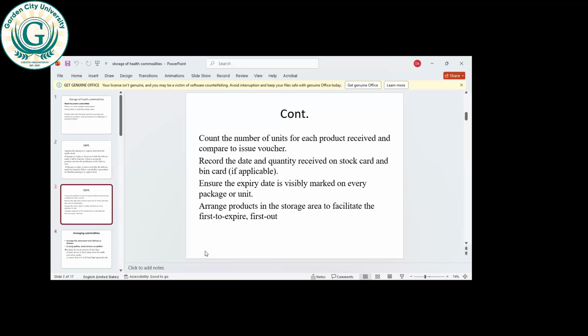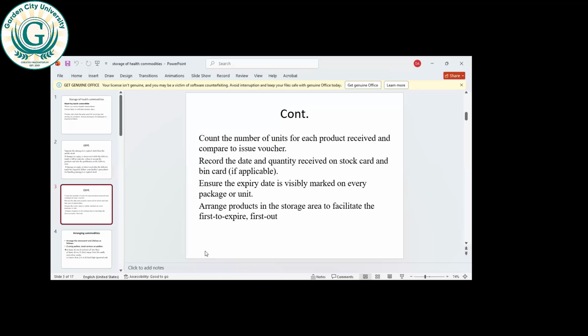There are some items where you don't see the expiry date, unless you remove the leaflet. So when you see that, you need to mark it visibly on the package so that everybody can see.